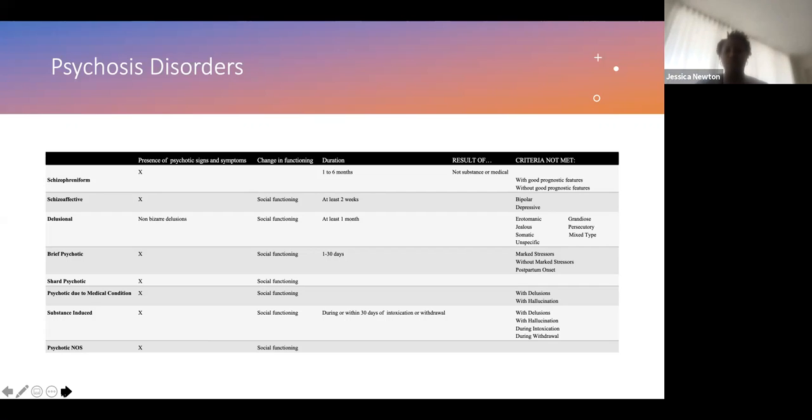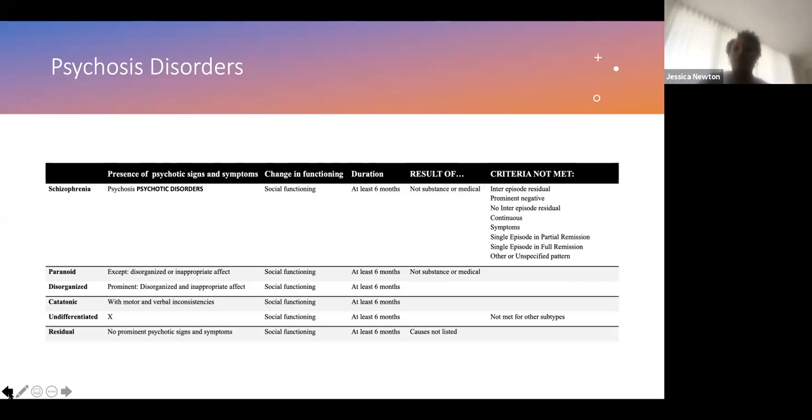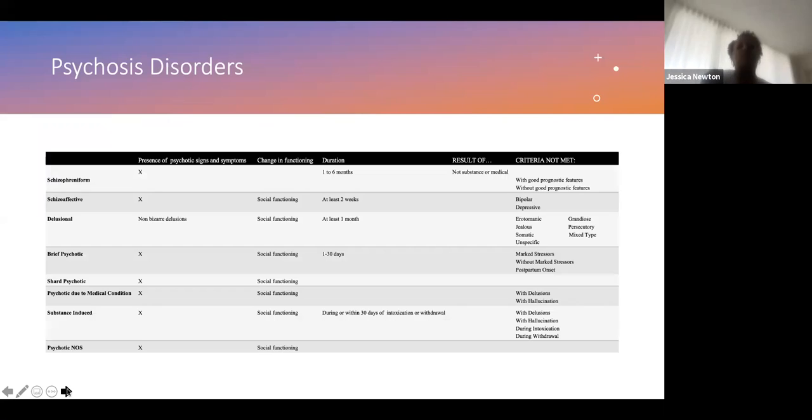I'm sorry, not a shorter time period, but a few different symptoms from schizophrenia. So with schizophrenia, we're really looking at the time frame and the presence of the delusions and the hallucinations. Sorry, I went the wrong way. But once we have the presence of the psychotic signs and symptoms, then do we have the presence of something else? And what is the time frame?